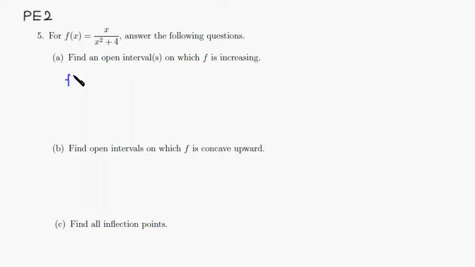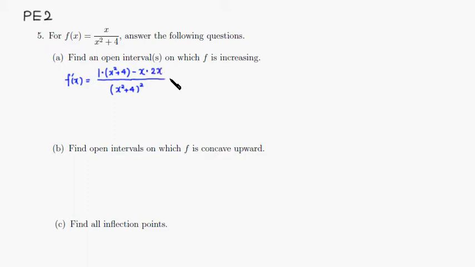So f prime of x is equal to, we have to use the quotient rule. Square the bottom, so quantity x squared plus 4, squared. Take the derivative of the top, which is 1, times the bottom, x squared plus 4, minus the top, x, times the derivative of the bottom, which is 2x.